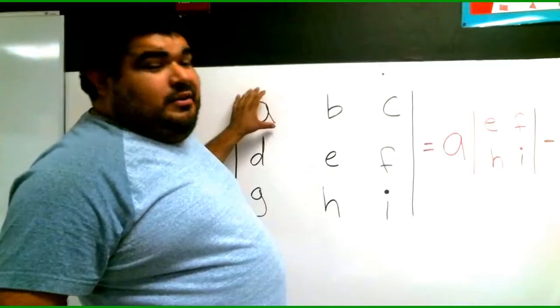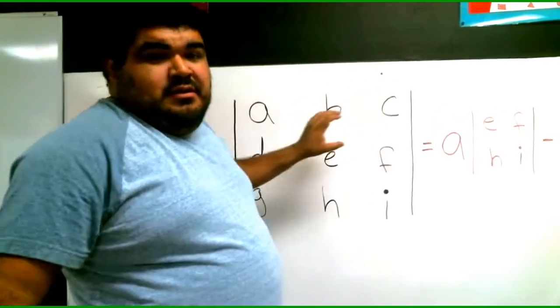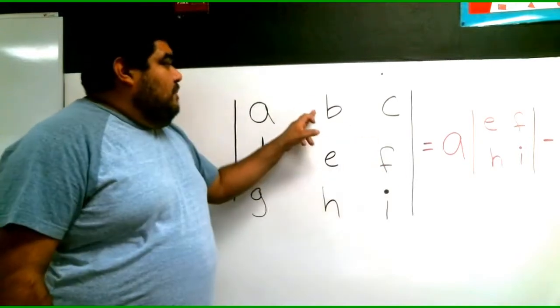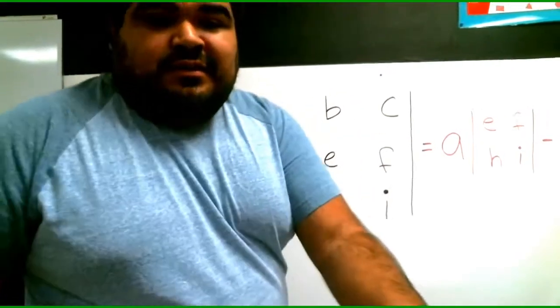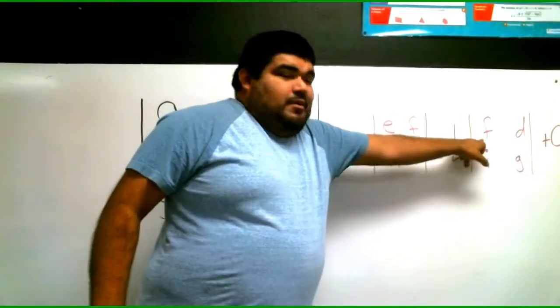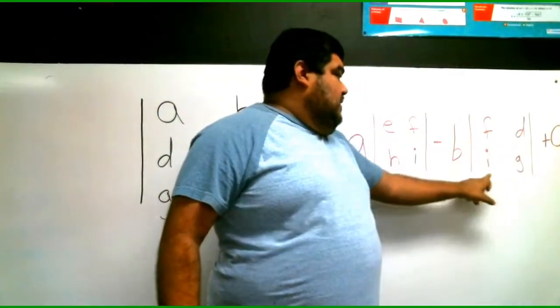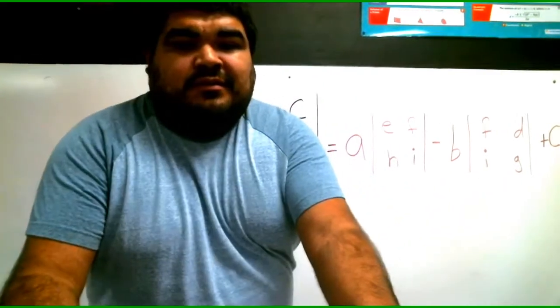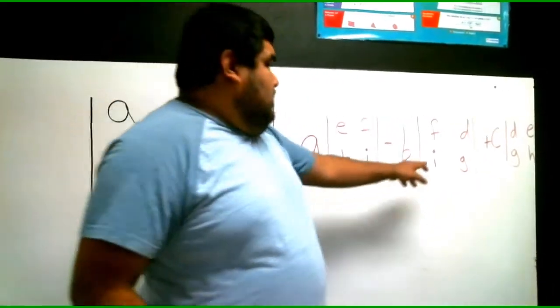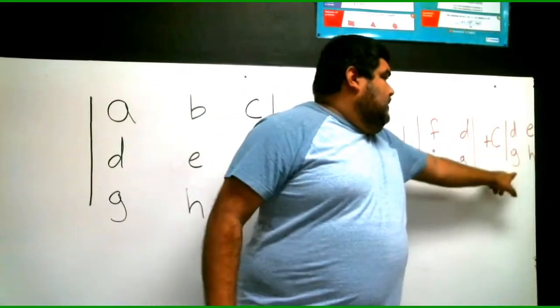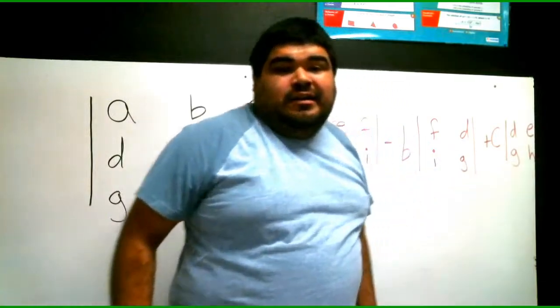So we're going to have 3 parts: A, B, and C. Remember, we have A times this. That means that B is going to be B, and then we have FD, IG, plus C, DE, GH, okay?